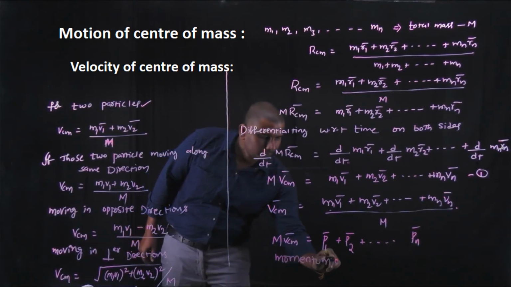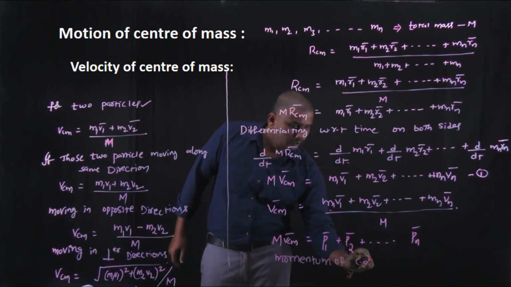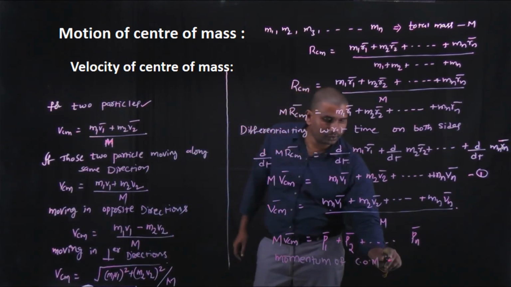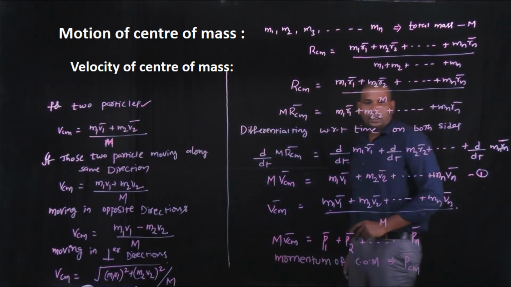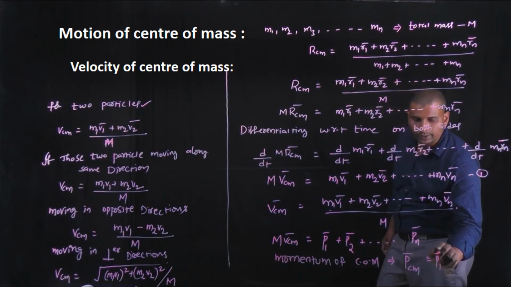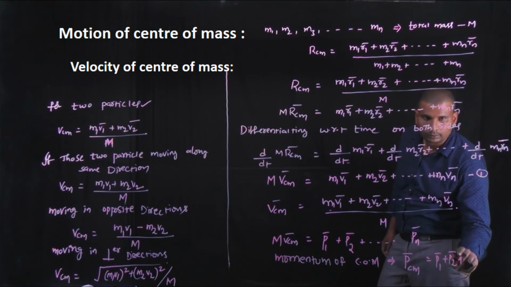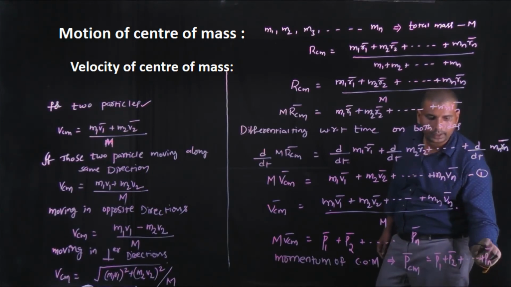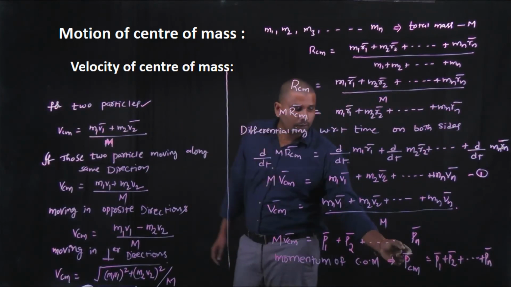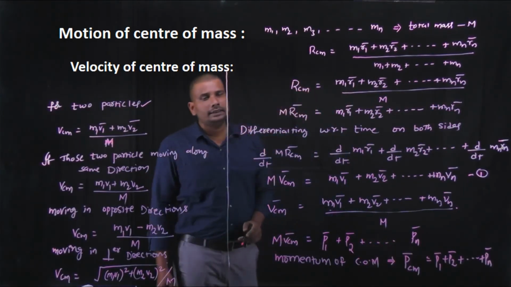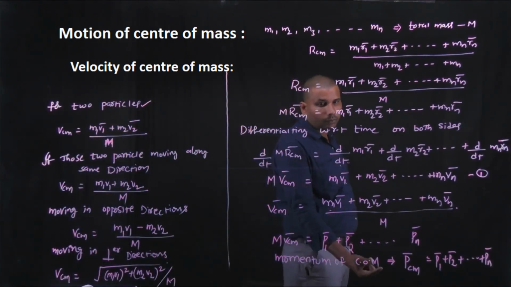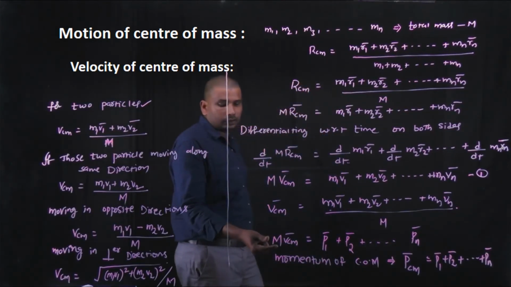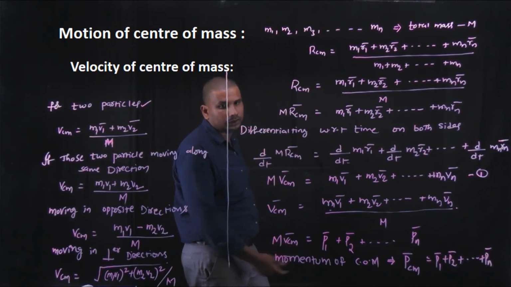Momentum of center of mass of a system is P bar suffix CM, equal to P1 bar plus P2 bar plus and so on plus Pn bar, where P bar CM is the momentum of center of mass. Momentum of center of mass is nothing but the product of the total mass of a system into the velocity of center of mass.